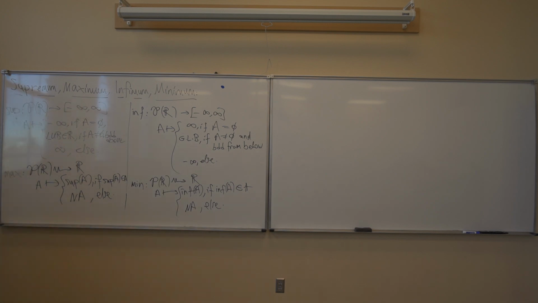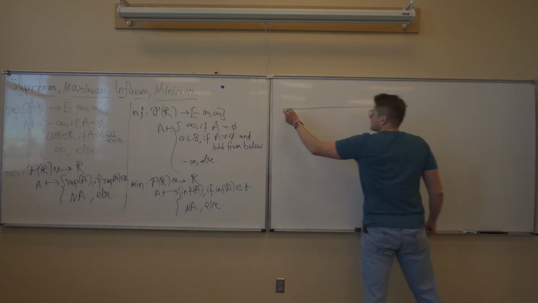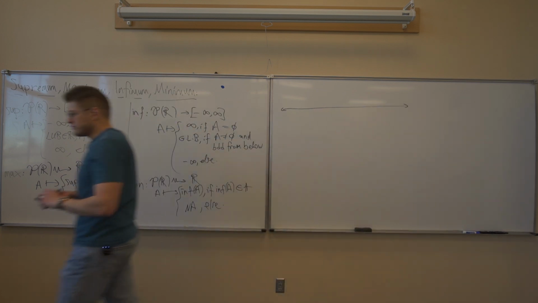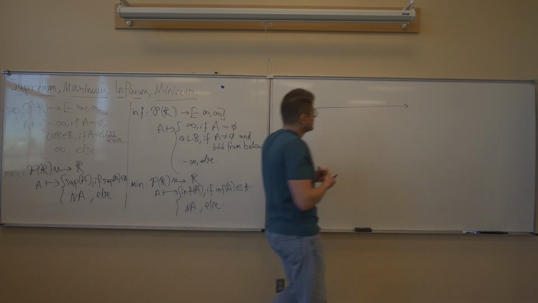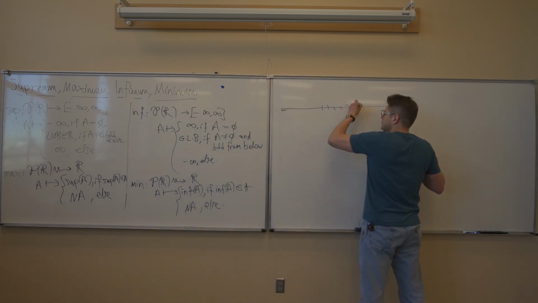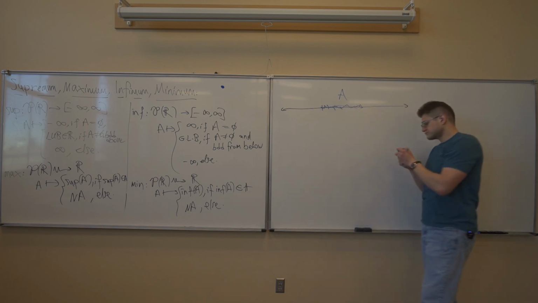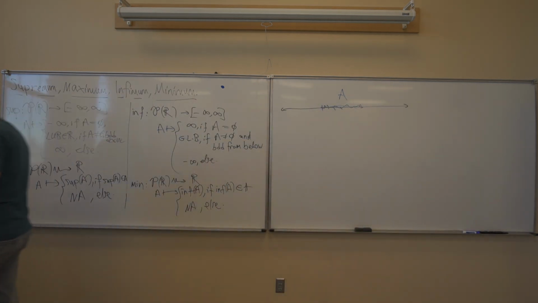So the way I like to imagine it is like this. I have here the real line. And let's say somewhere in the middle is my set A. It's a bunch of points. It could be an interval. It could be something like a fractal, like a Cantor set or whatever. I'm imagining the sup to be like the upper clamp.